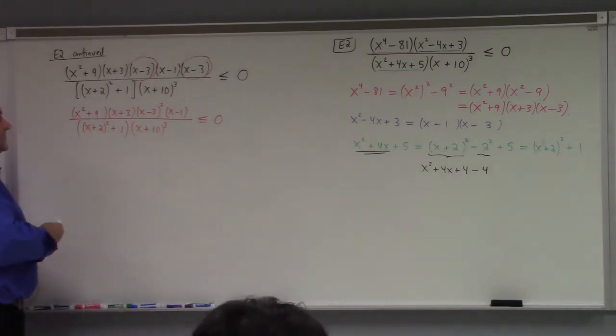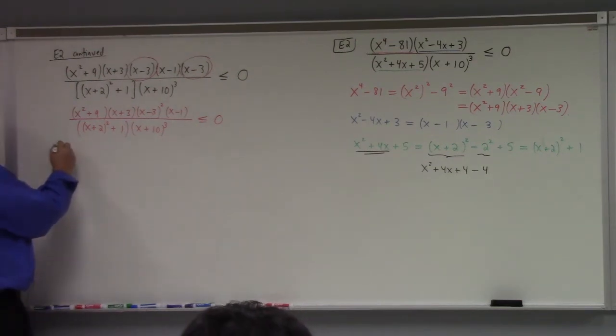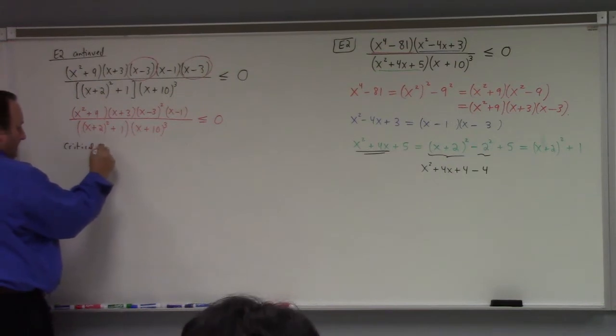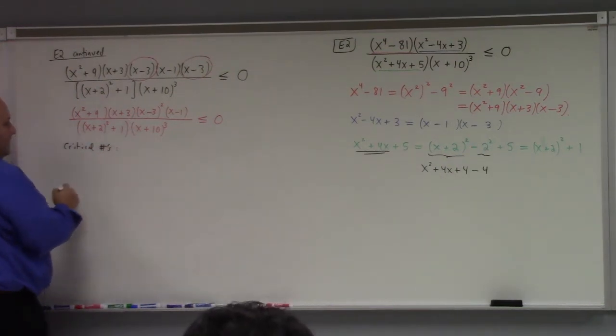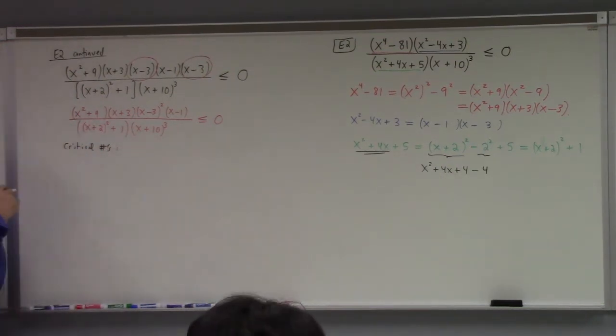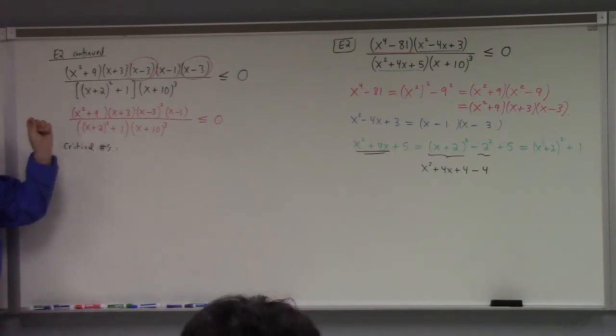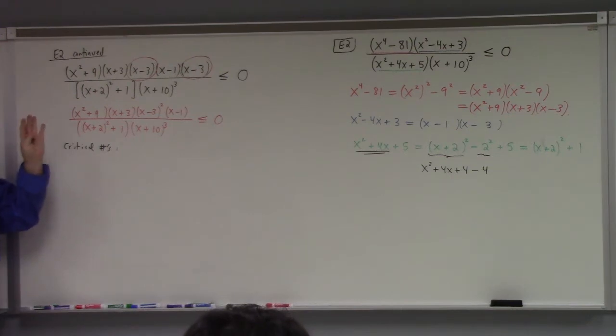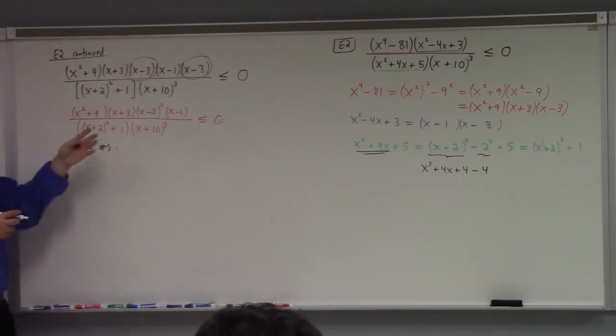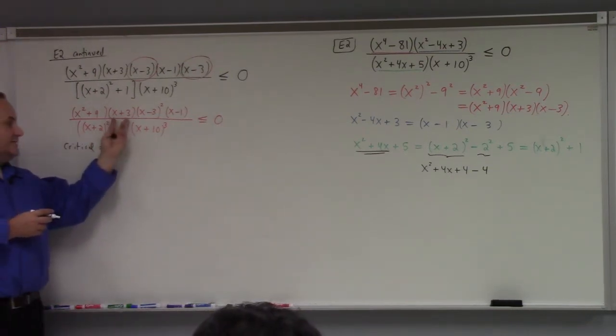What are the critical numbers here? Do you get a critical number from x squared plus 9? You can tell from my question the answer is no, right? This is prime. In order for that to be 0, you need x to be plus or minus 3i. We don't allow complex numbers. In this discussion, we're looking for real solutions at the moment. x plus 3, could this be 0?